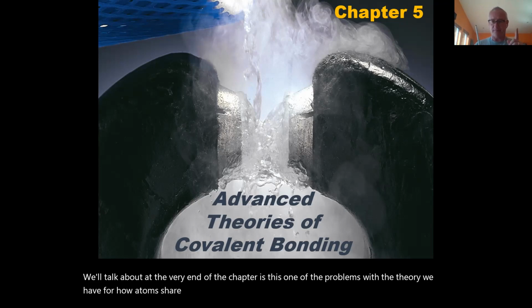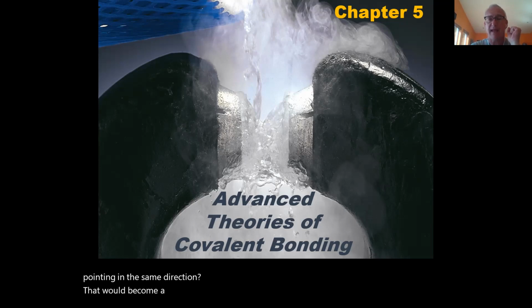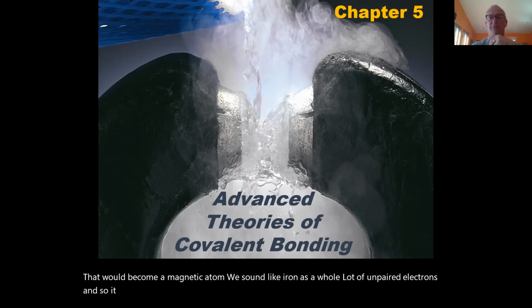Remember that when we had unpaired electrons all pointing in the same direction, that would become a magnetic atom. We saw iron has a whole lot of unpaired electrons, and so it was magnetic. Certain other metals have very few, if any, unpaired electrons, and so they're not magnetic.